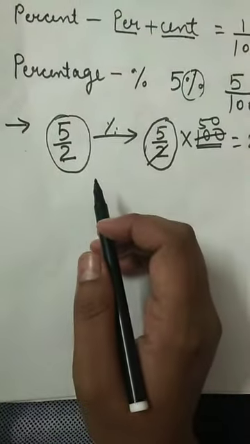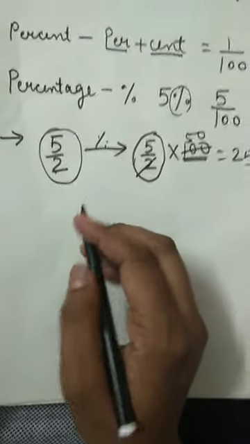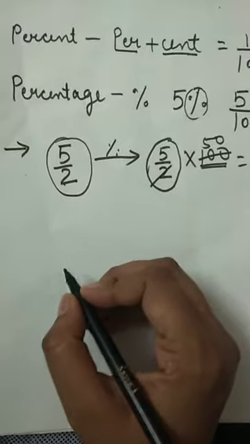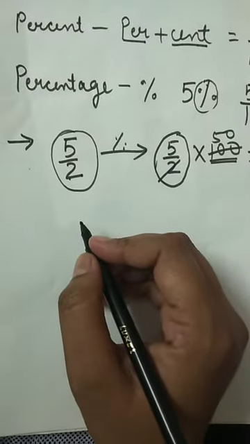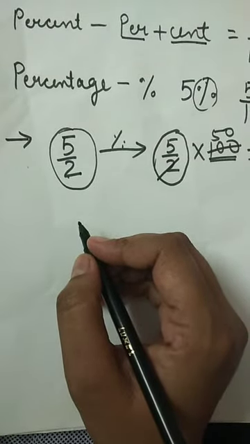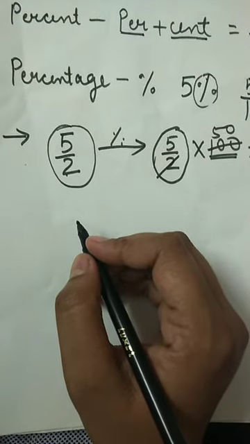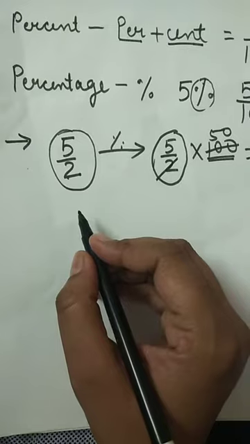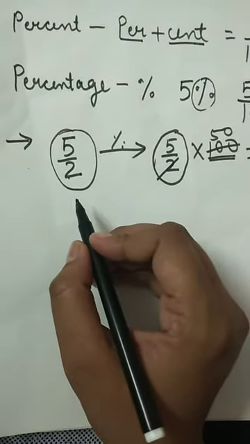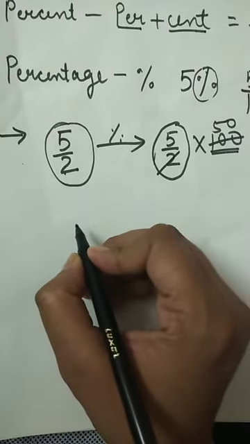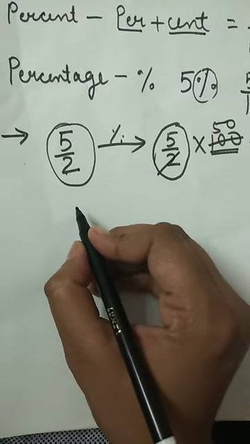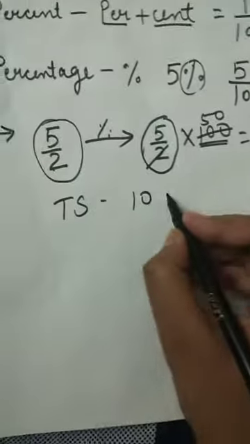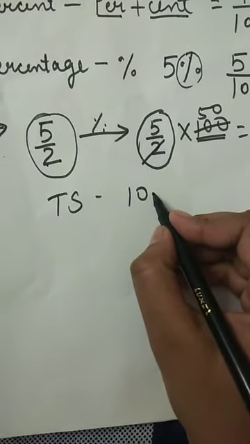And now students, you are aware of your report cards, that in your report card also you are given percentage. Suppose you are a student of class 8 and you have a total of 10 subjects and each subject is of 100 marks.